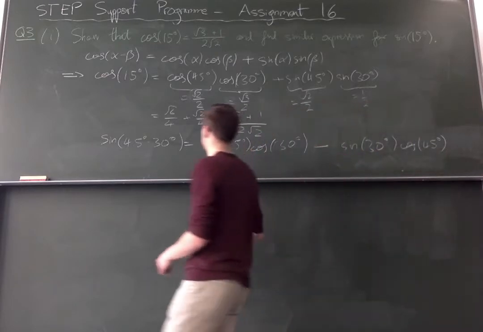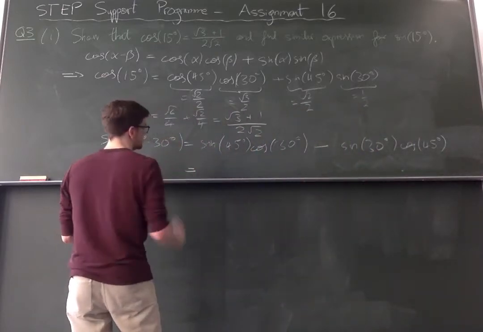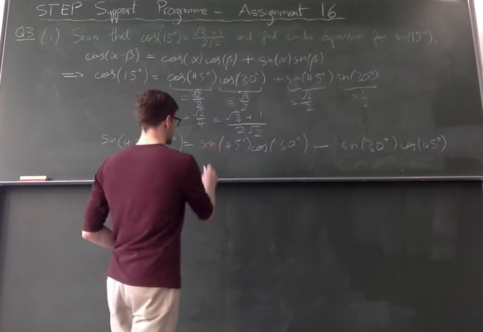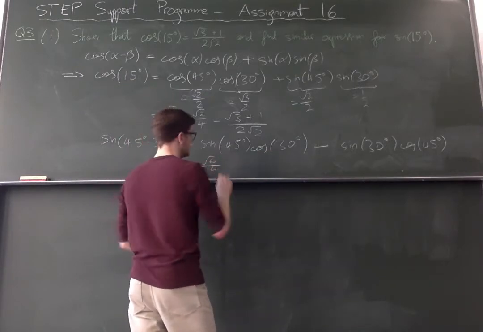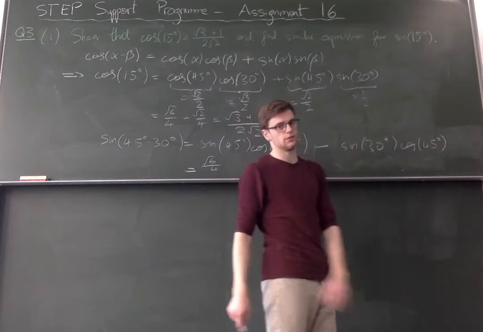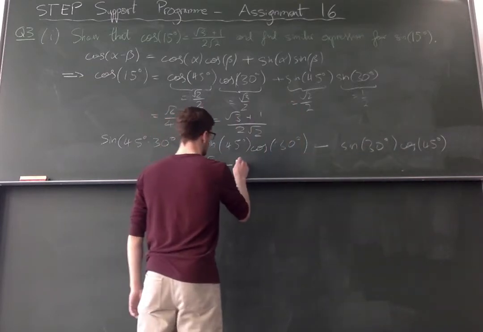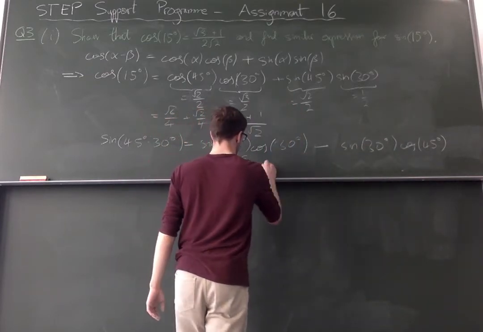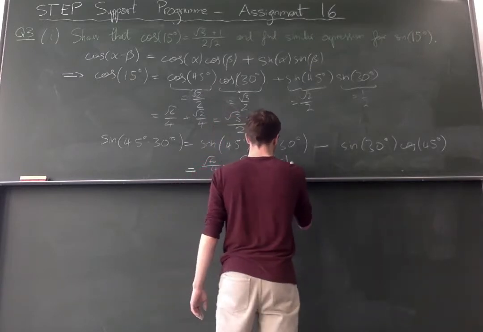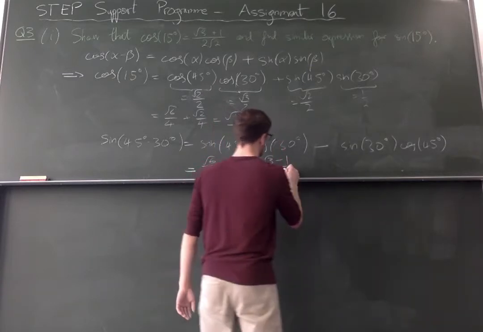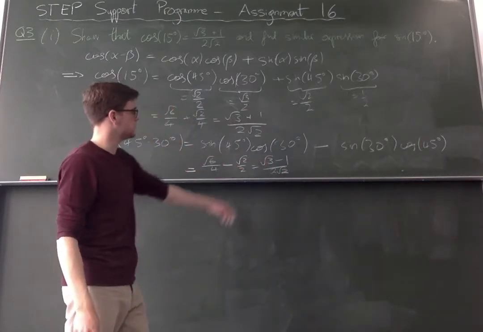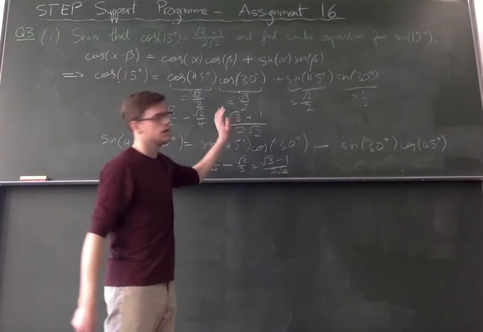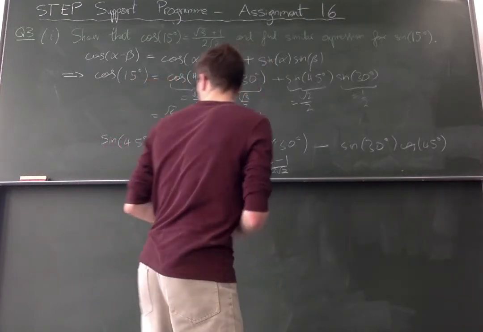And now we can just evaluate exactly the same way. Sine of 45 is root 2 over 2, cos of 30 is root 3 over 2, so we get root 6 over 4. And then sine of 30 is a half, and cos of 45 is root 2 over 2, so we get a minus root 2 over 4. And we get root 3 minus 1 over 2 root 2. And we can be relatively satisfied that that's similar to root 3 plus 1 over 2 root 2.